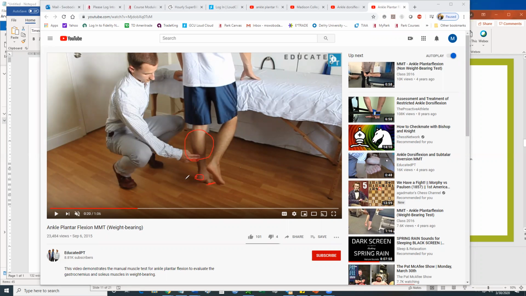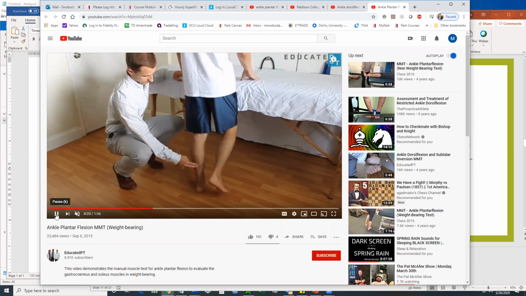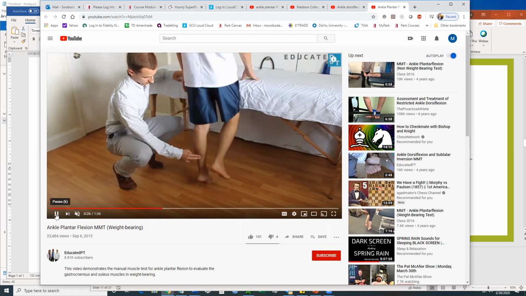Like we'll see on Wednesday, when you do the manual muscle test for your gastrocs and soleus, you have someone stand up and do toe raises, or I guess you would say heel raises. Again, there is your plantar flexion, going straight up on your toes, heel goes in the air.